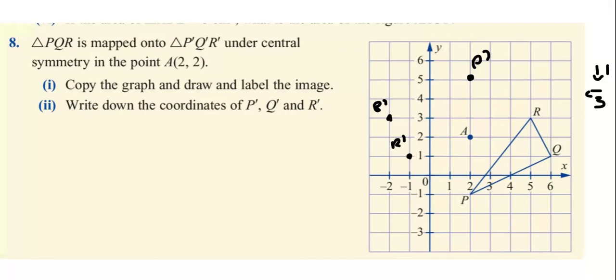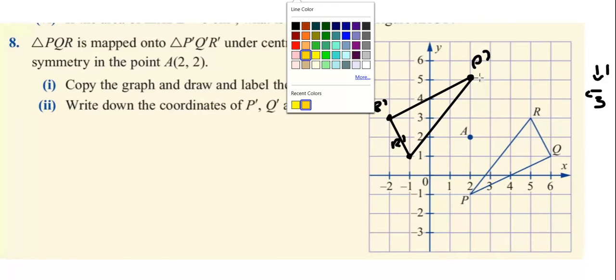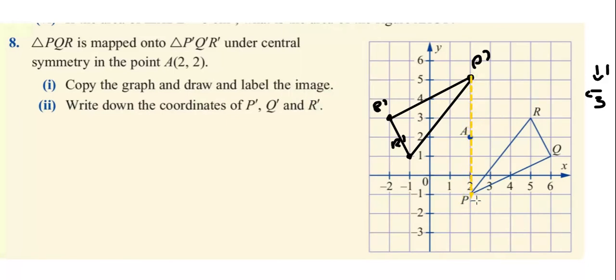Now, when you draw this new one, like so, there you go. Now, if you aren't sure about whether it's right or wrong, if you always link up similar sides, if you go P to P dash, Q to Q dash, and R to R dash, they all have the same central symmetry. Okay, so that's how you know you're right or wrong.